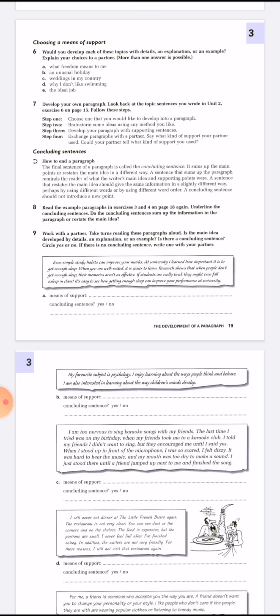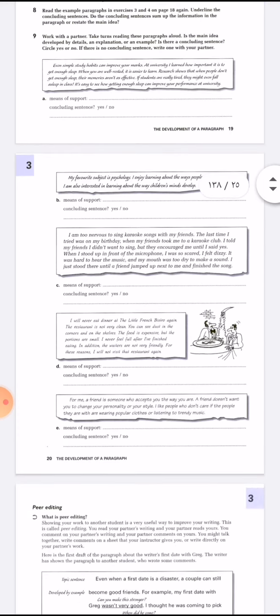Do they summarize the writer's main idea? Do they end the paragraph or not? This is your homework. Work with a partner and take turns reading the paragraph aloud. Is the main idea developed with details, and so forth?